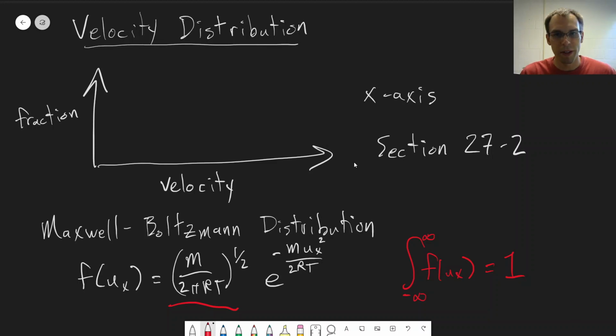Because this is a probability distribution, all of the particles have to be represented at any possible speed, right? So this constant out front ensures that this condition is true. And so the part that really matters and tells you what the shape of the distribution looks like is this exponential term here.